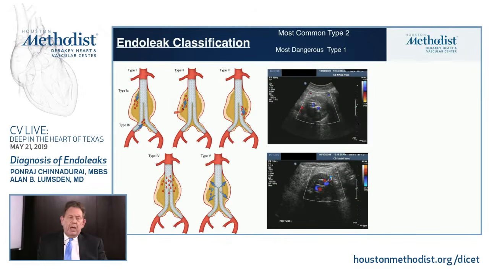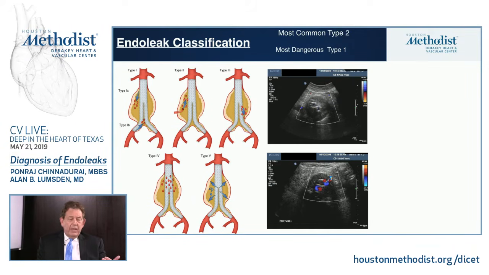We'll come back and talk about type 2, since that's probably going to be the main focus of the discussion tonight. Type 3 is from modular disconnection. Type 4 is sweating or hyperfiltration basically through the wall of the endograft. And type 5, sometimes we can't even identify where it's coming from. But the most common type, and perhaps the Achilles heel of endografting, is the type 2 endoleak.